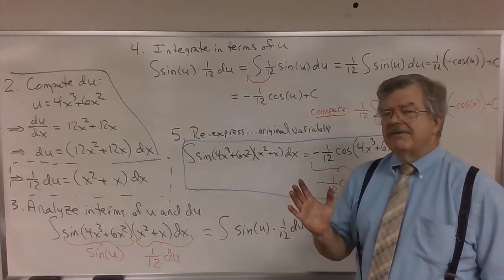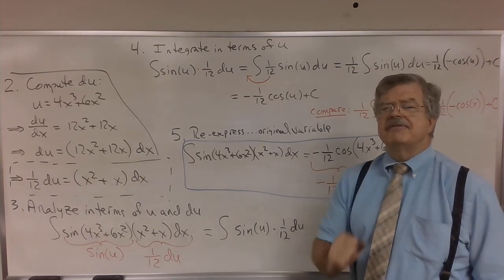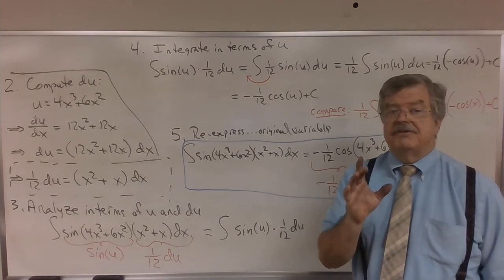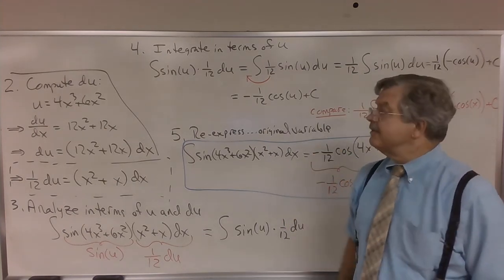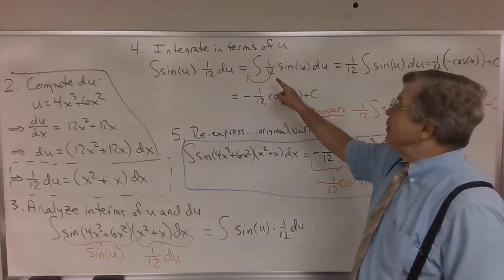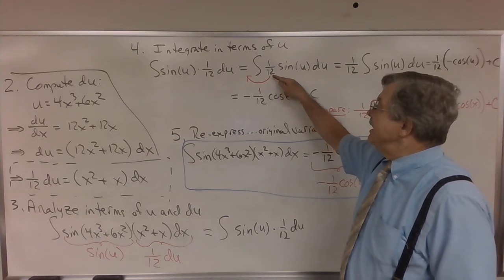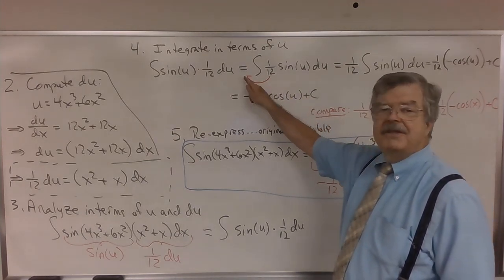If we don't have an exact function derivative pair, but we have an approximate function derivative pair, we're only off by a constant factor from having an exact function derivative pair. We can take the constant factor that we're off by, and since it's constant, we can move it to the other side of the integral sign.